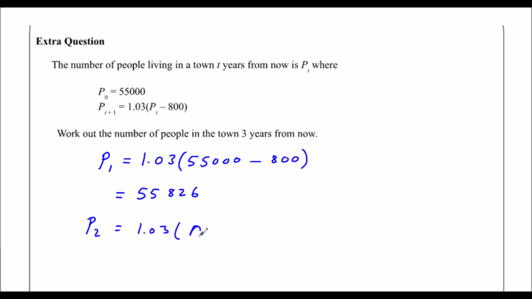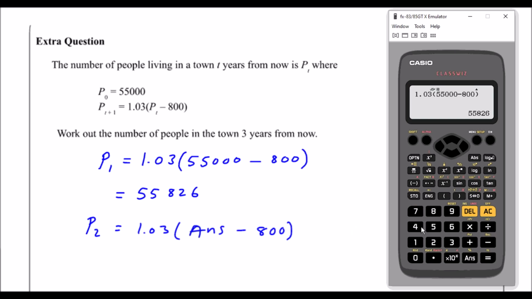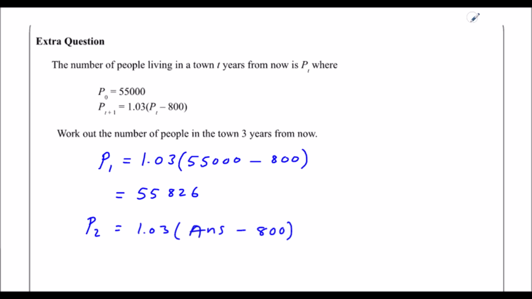So it's going to be 1.03 times answer minus 800. So let's type that in the calculator. 1.03 times answer minus 800. We get 56,677 to the nearest whole number. Or we could just write down the whole thing. So 56,676.78.